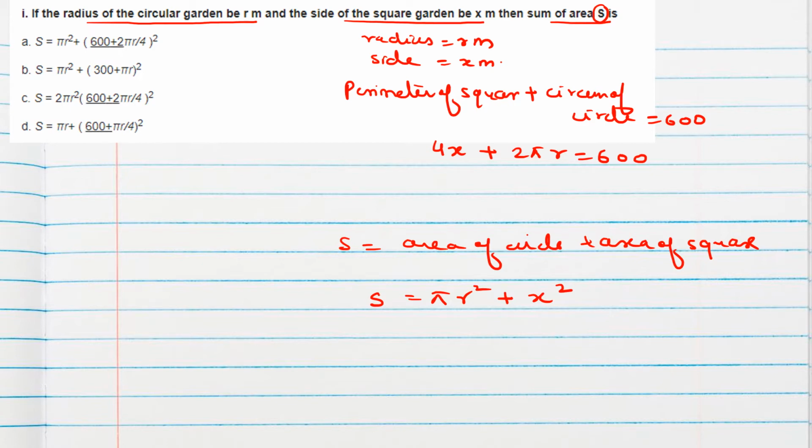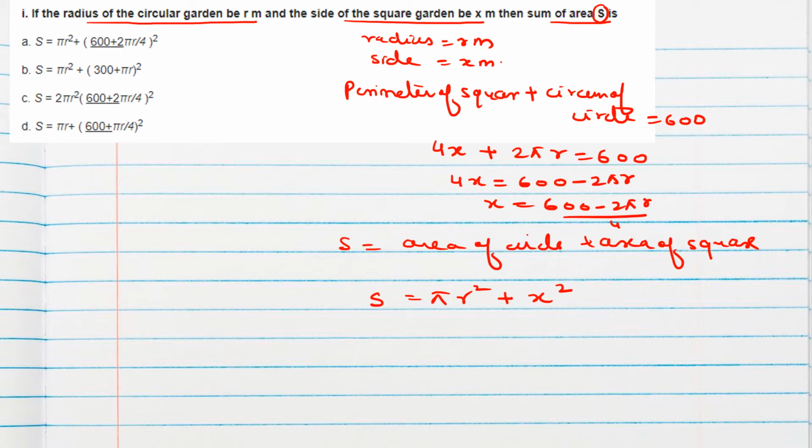That means from the perimeter condition, we need to find the x value, and that is 4x equals 600 minus 2 pi r. So x will be (600 minus 2 pi r) divided by 4. Only 4 will come. Now this x value we will substitute in the area formula.